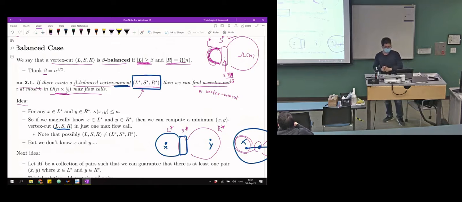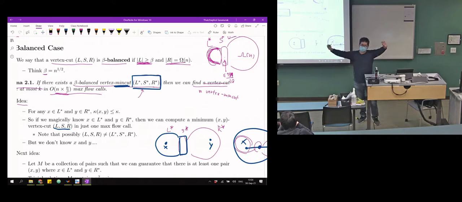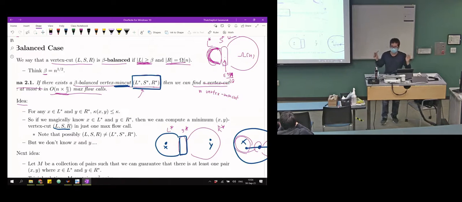Okay. So now you all agree, right? If we get somehow some node in L star and some node in R star, we are done. That's all we need. But we just don't know what L star and R star are. Where are they? We don't know.